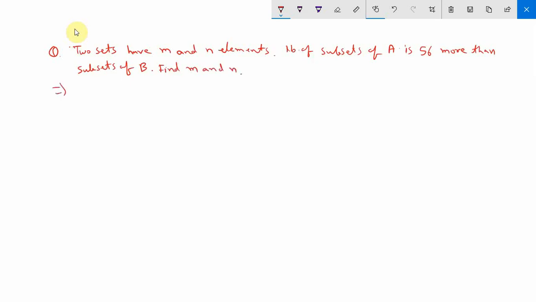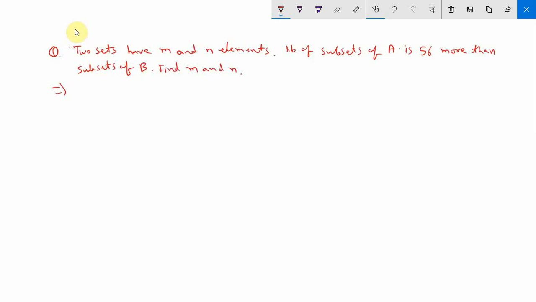So, as discussed in the theorem, the number of subsets of a set having n elements is given by 2 to the power n.